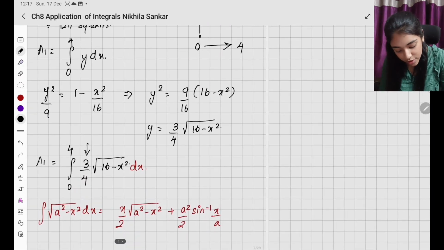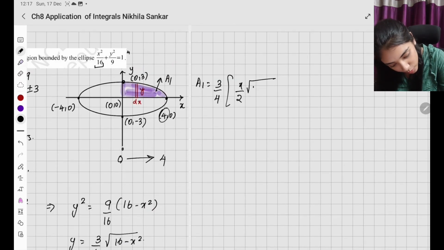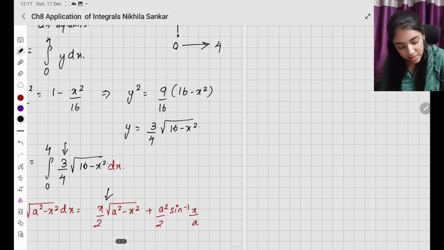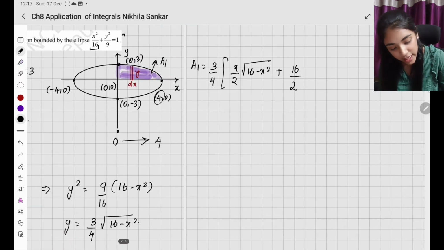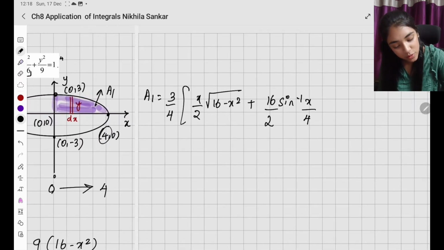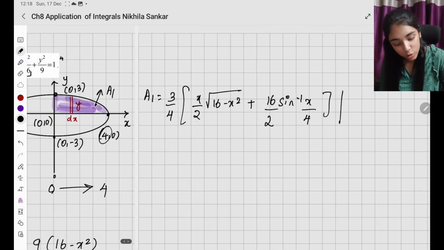According to the formula, it is going to be x by 2 square root of 16 minus x square plus a square divided by 2, which is 16 divided by 2, sine inverse of x by a. A square is 16, so a is going to be 4. This I have to integrate as a definite integral from 0 to 4.